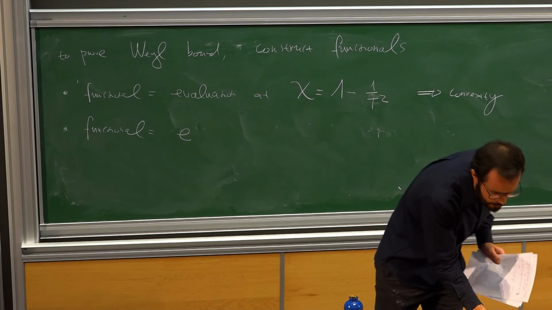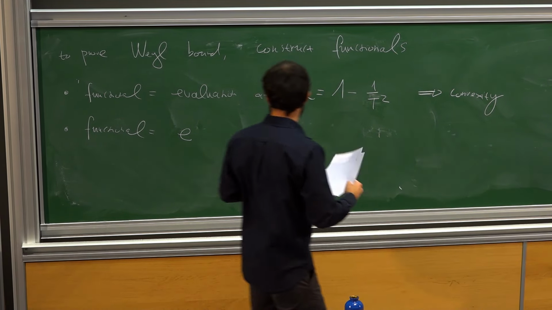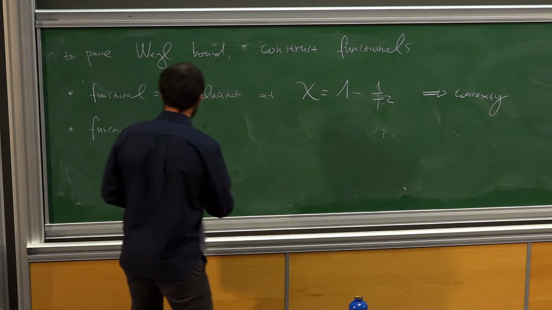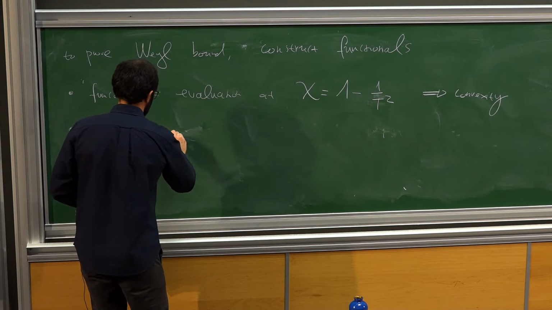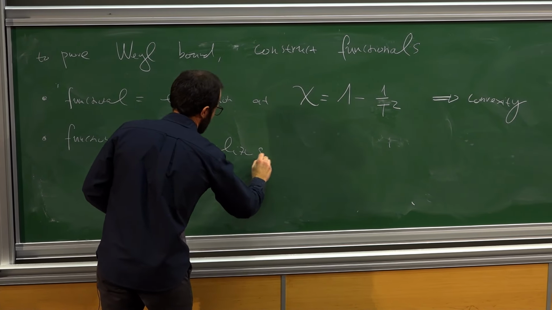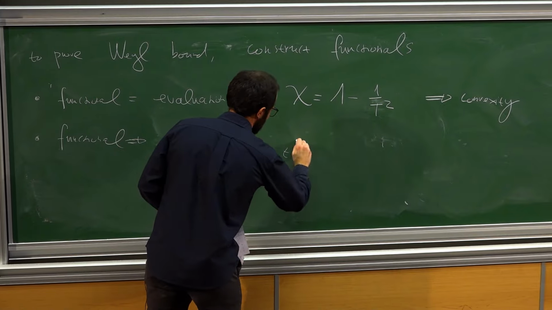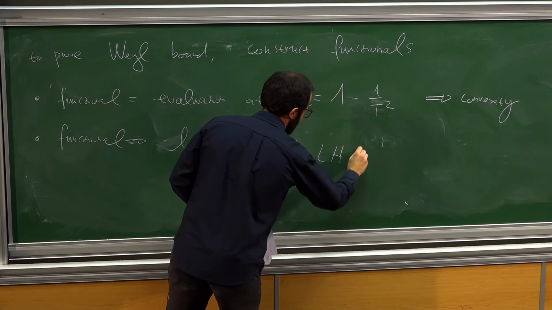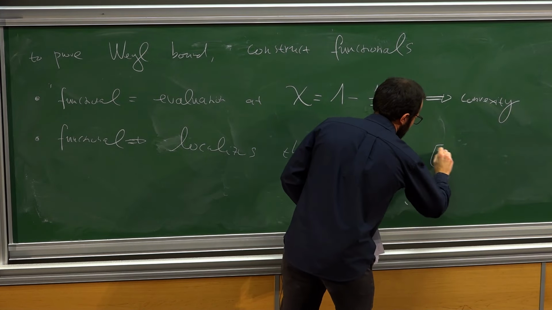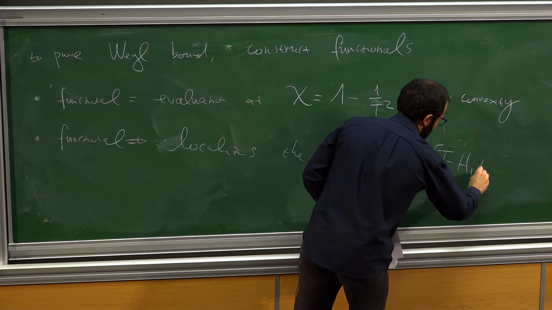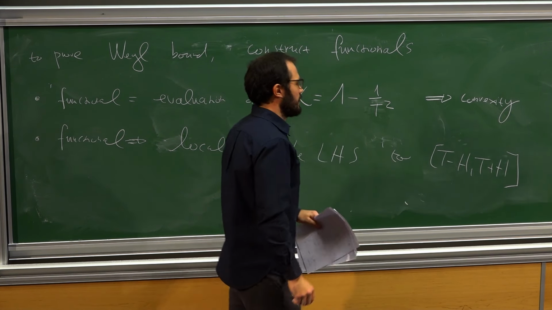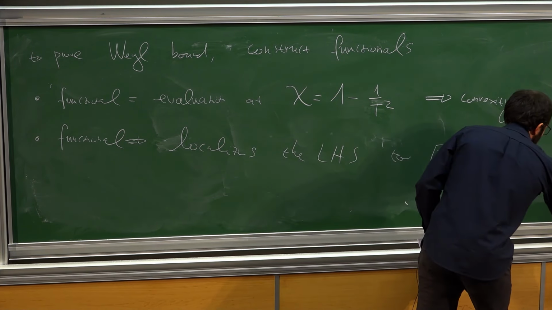I'm already out of time. So there is a more complicated function that you can construct, which localizes the left-hand side to the interval capital T minus h, capital T plus h. But there is a bound on h.